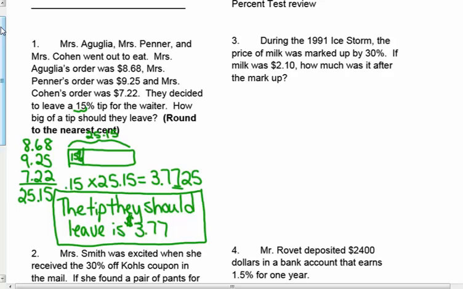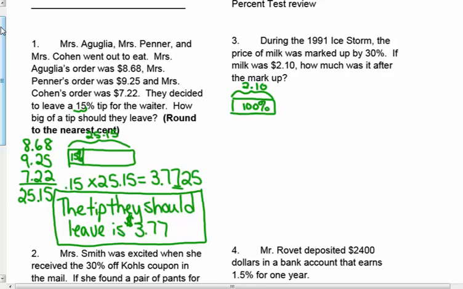During the 1991 ice storm, the price of milk was marked up by 30%. If milk was $2.10, how much was it after the markup? Well, the total price of milk was $2.10. That's what it was. That's all 100% of it. Then it was marked up.